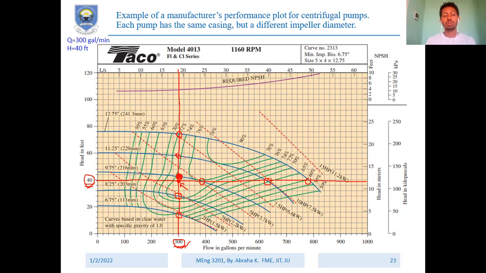We can also use the next higher 2 impeller sizes, but when we go up, the power consumption increases, and as you can see, efficiency is decreasing. You can see the power. For example, the point is placed in between the 2 power curves, in between the 5 horsepower and 3 horsepower.